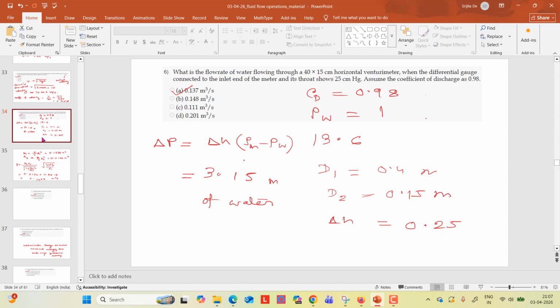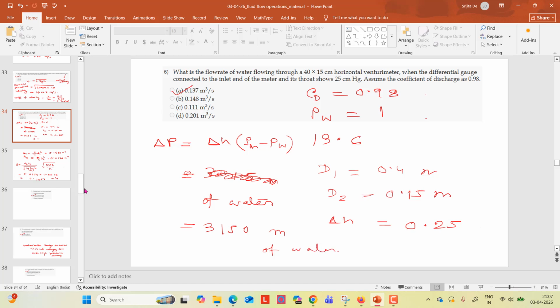So it is 3150, because I have calculated with specific gravity. If we write it as density, then it is 3150 meter of water.